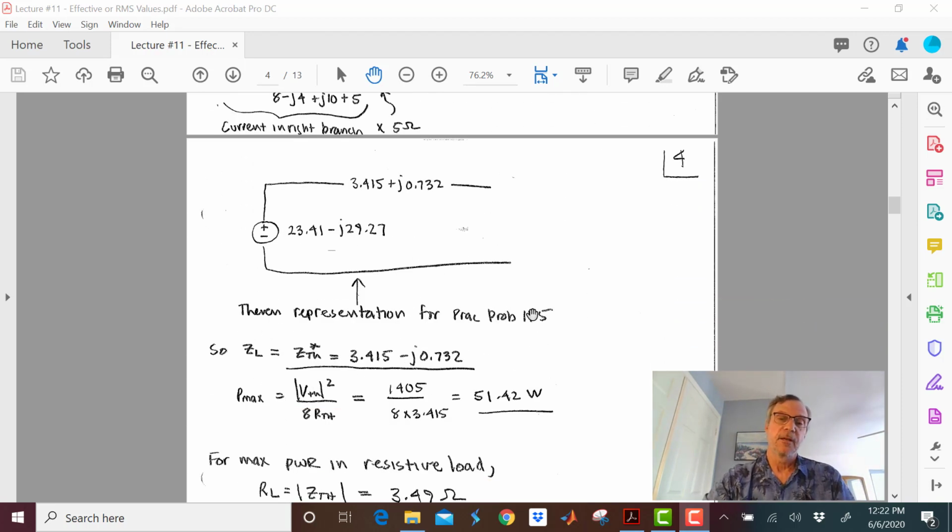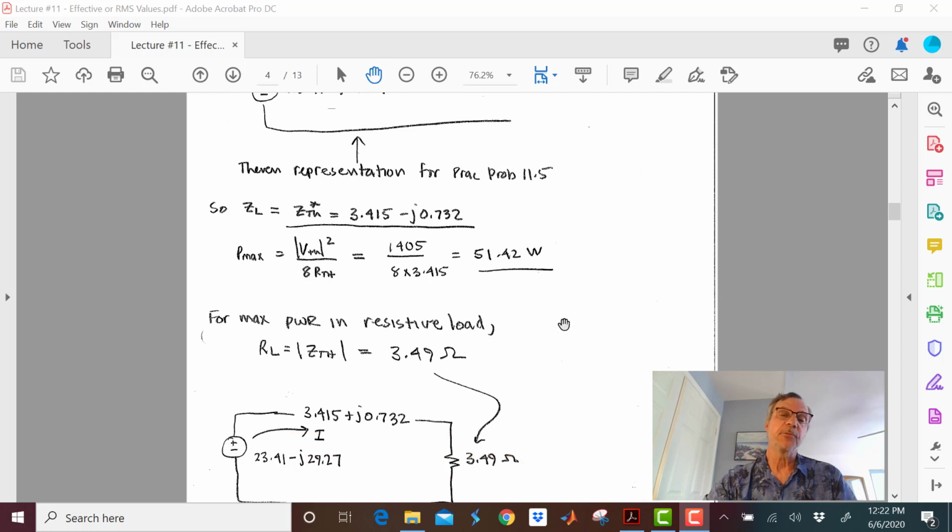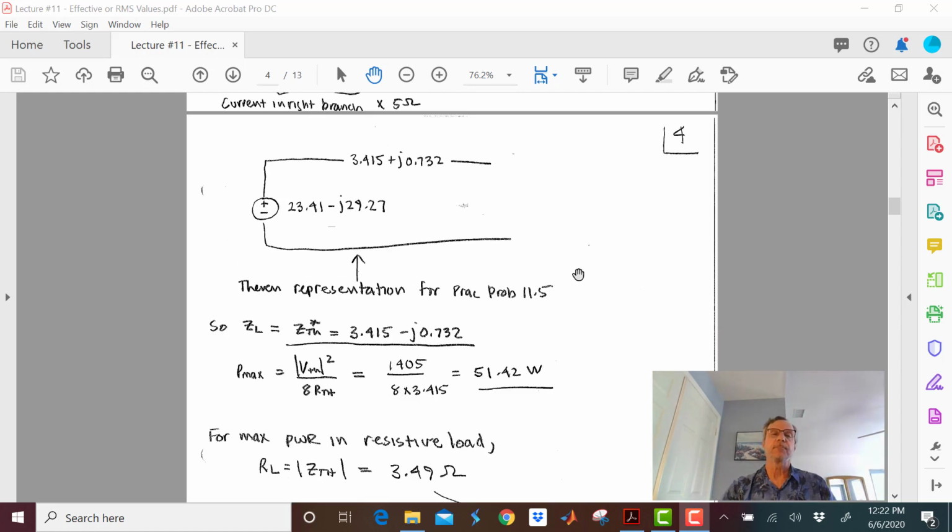And here it is. So, like I said before, most of the work in this problem is just getting your Thevenin equivalent. Because once I have that, I can say, here's my Thevenin equivalent impedance. Here is my complex conjugate of that impedance.